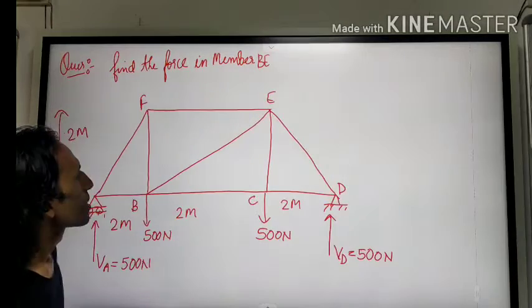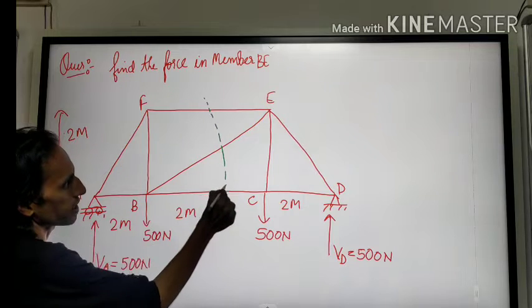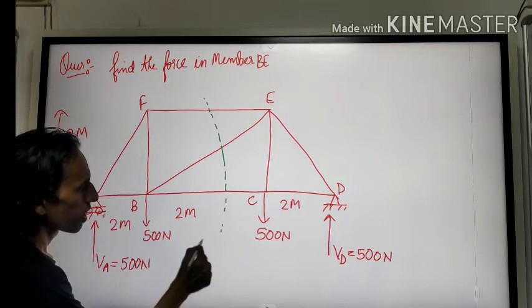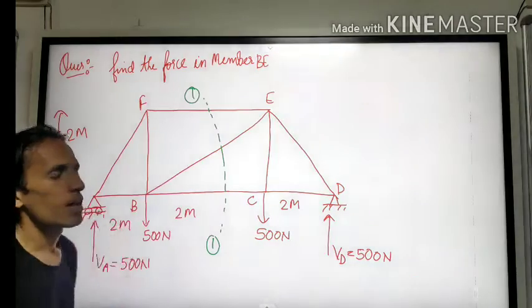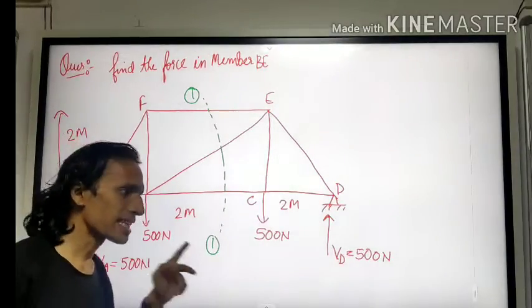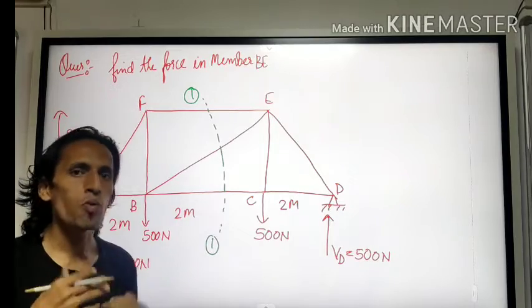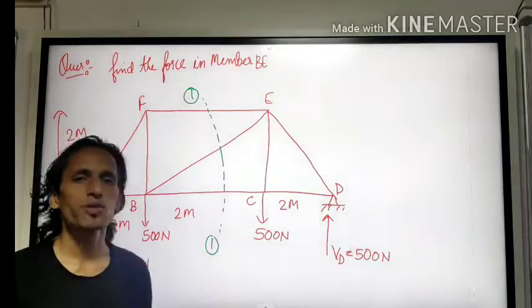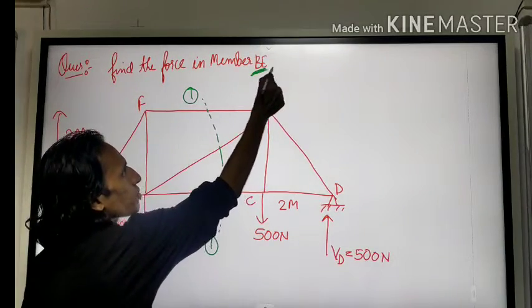Let's say I am cutting a section like this. The important question is why I cut it like this and not any other way. How did I decide? The target member was BE.